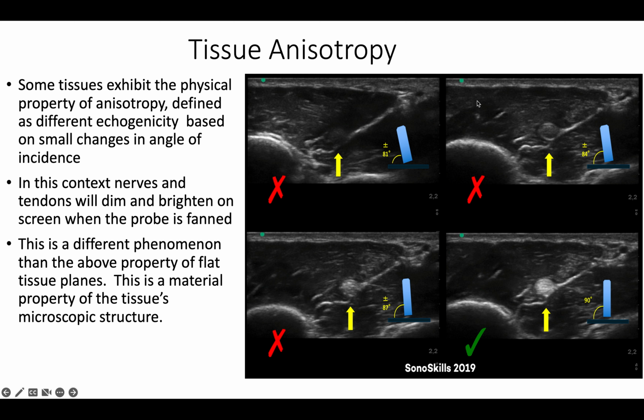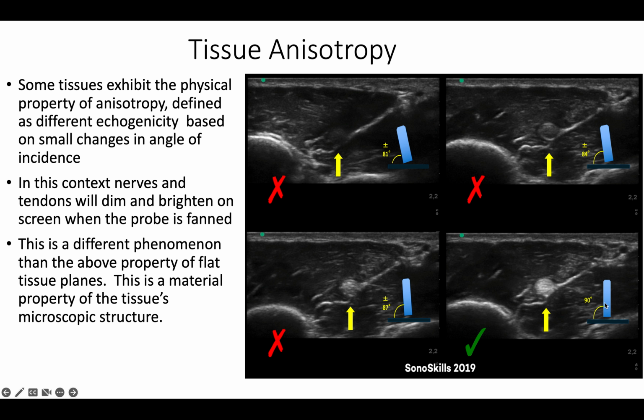So this is an example. Here, look, this is angulation between ultrasound probe and structure. In this case, we're talking about nerve. Here's this nerve. And if you look, it's the same picture, right? We do small changes. Here's 81 degrees, here's 84 degrees, here's 87 degrees, and here's 90 degrees.